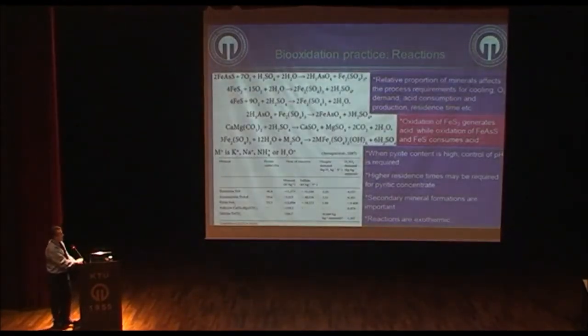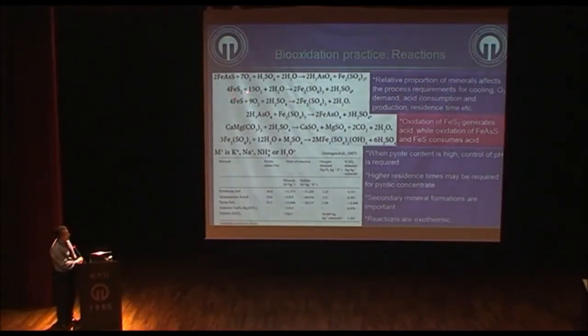We can see the reactions over here, and these reactions are important because some of them produce acid, and some of them consume acid. That's why the composition of the concentrate is of prime importance.